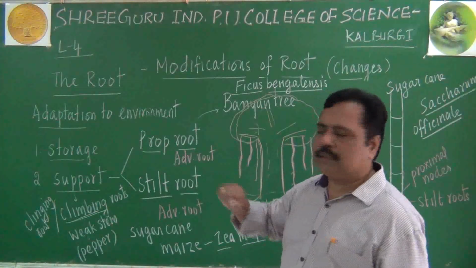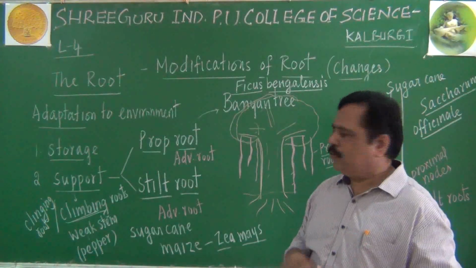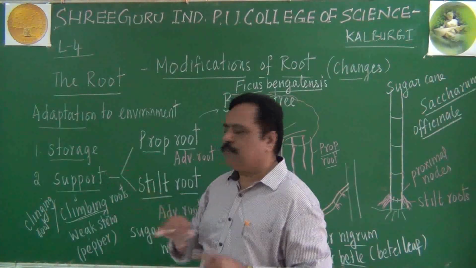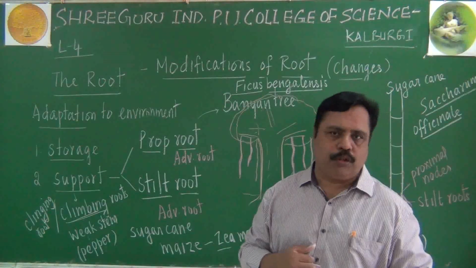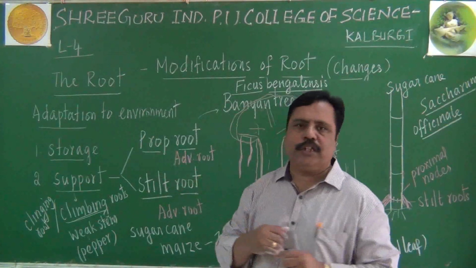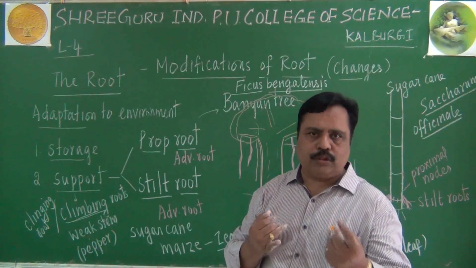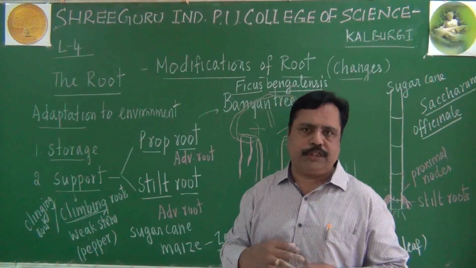So dear students, today I told you about modifications of root. Two major modifications we have seen. One is for the purpose of storage, another one is for the purpose of support. As far as storage is concerned, I told you tap roots can undergo storage, adventitious and fibrous roots can also undergo storage.